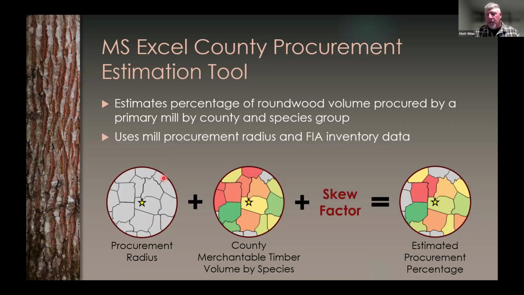And then it adds in a skew factor, which I'll talk about a little more on the next slide, but it's kind of a way to skew the estimates toward counties that are closer to the mill. It's kind of based on the assumption that mills aren't bringing in the same amount of wood from far away as they are closer to the mill. So when you combine all these three factors, it produces an estimate of procurement.